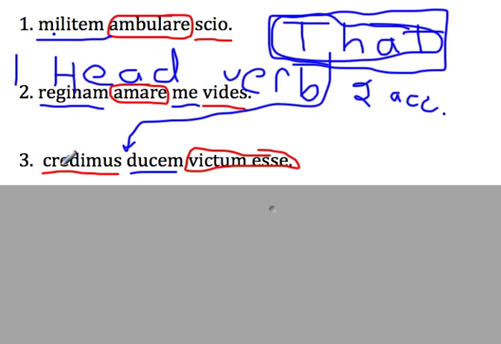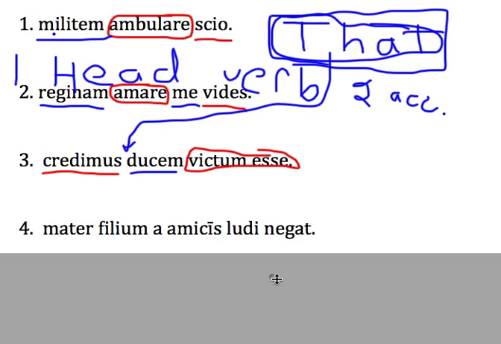We believe that, there's the word that, we believe that the leader, this comes from vinco, vincere, vici, victus, which means conquer. We need to keep it passive, and it was also perfect tense. So we believe that the leader was conquered. All right? We believe that the leader was conquered. Literally, this says we believe the leader to have been conquered, but in English, we're more likely to say we believe that the leader was conquered.